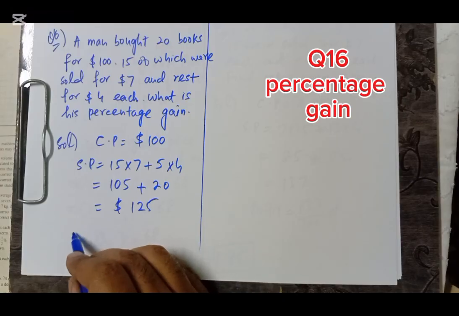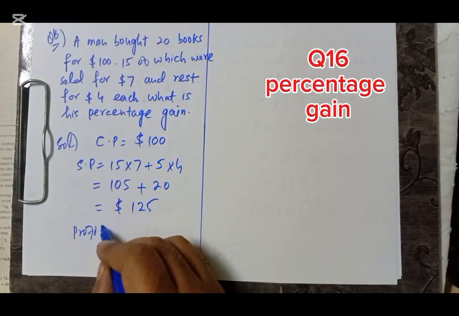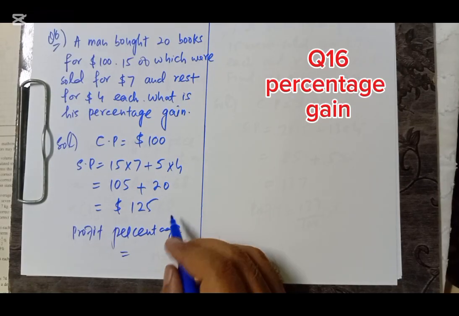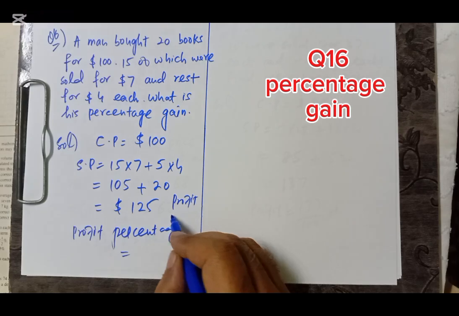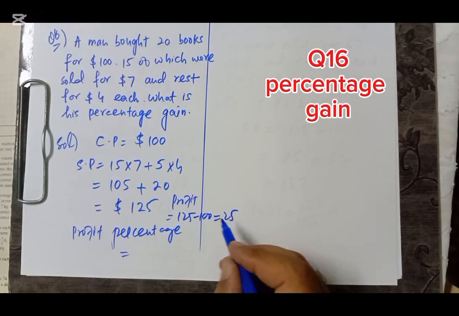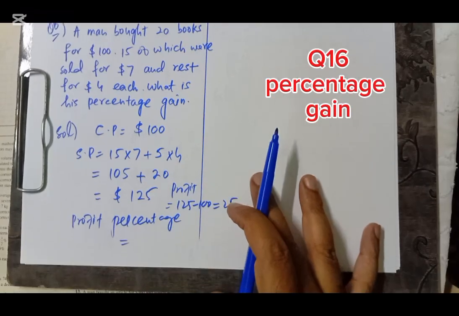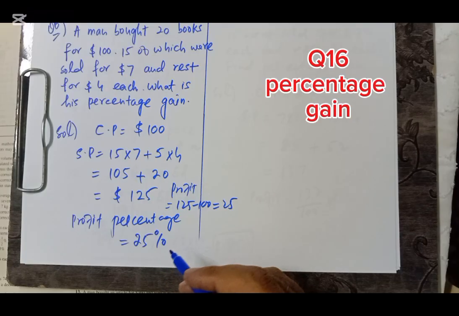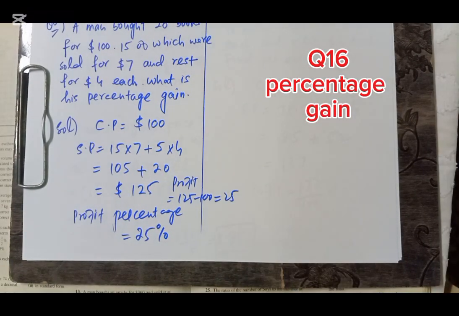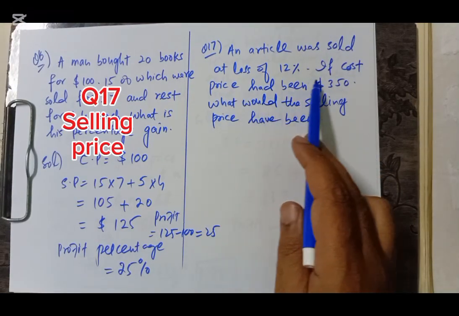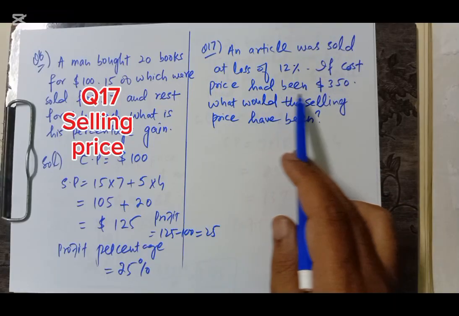So obviously the profit percentage: profit is here 125 minus 100, which is 25, and as it is on a 100 figure, I can directly write the profit percentage as 25 upon 100, or 25%.